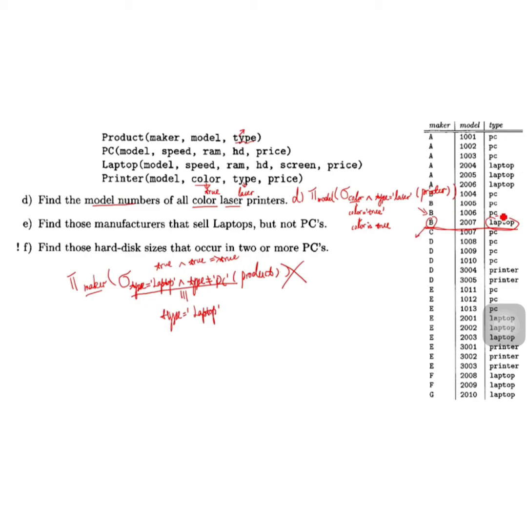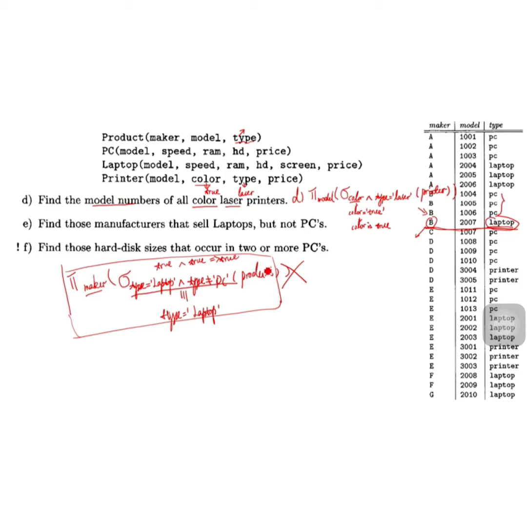B sells laptop, yes, and B sells PC. B is not the maker that sells laptops but not PCs. So if you write the expression like this, you get it wrong. The answer is wrong. We cannot get the right result.